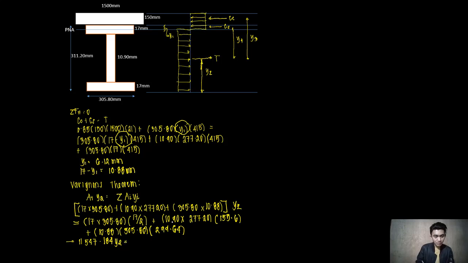This is equal to 17 times 305.80 times 17 over 2, plus 10.90 times 277.20 times 155.60, plus 10.88 times 305.80 times 299.64, which gives 151,130.746.